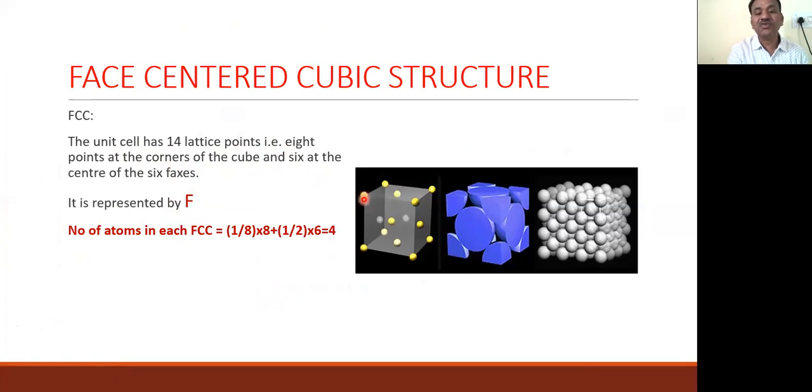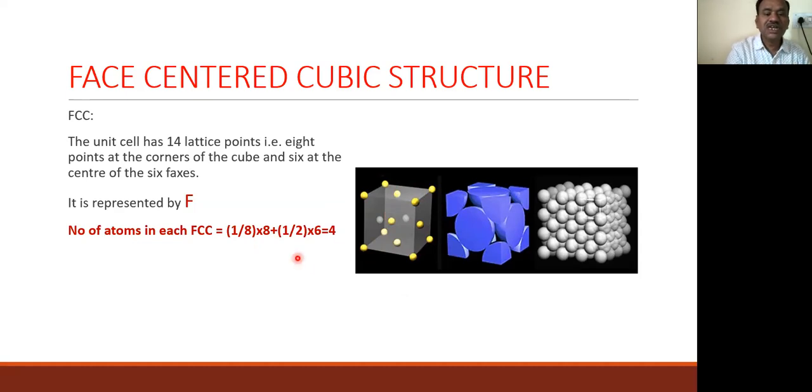If you want, you can calculate: 1, 2, 3, 4, 5, 6, 7, and behind it 8. And on each face, 1, 2, 3, 4, 5, and this is 6. Now, what is the contribution here? Just keep one book and another book touching each other.